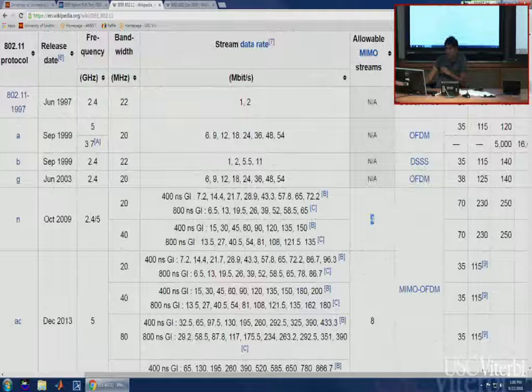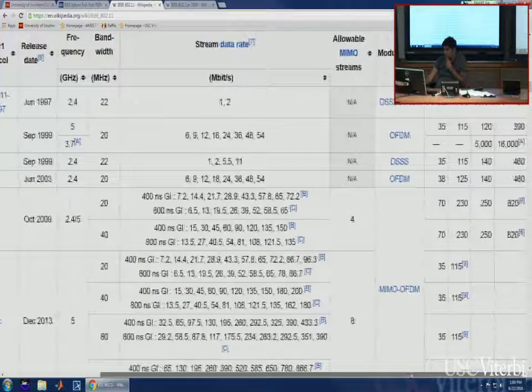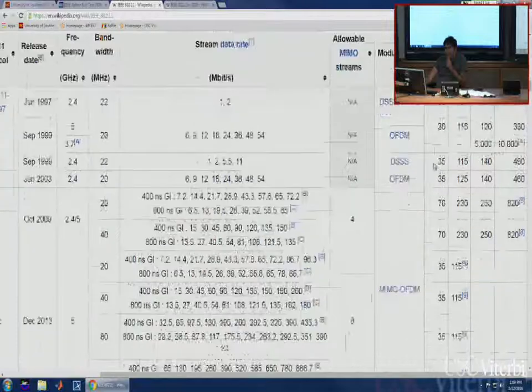So this is sort of the setting where you're trying to get throughput improvements by using MIMO. So we talked about the diversity multiplexing trade-off. Here, the maximum multiplexing gain you can get is a factor of 4, right, if you had 4x4 MIMO stream.